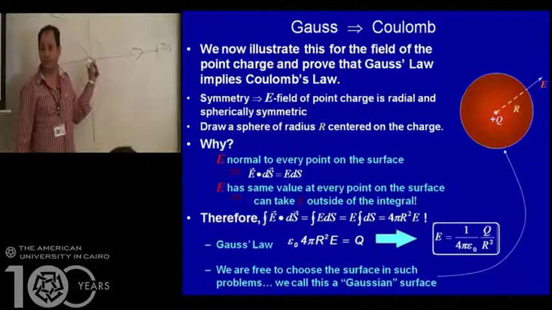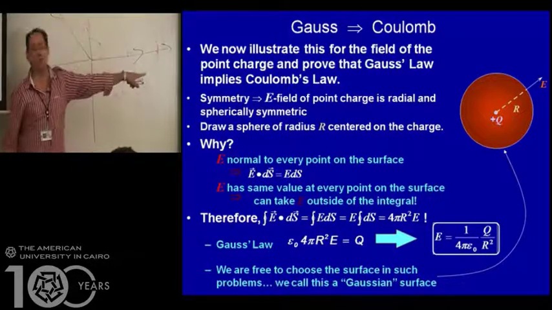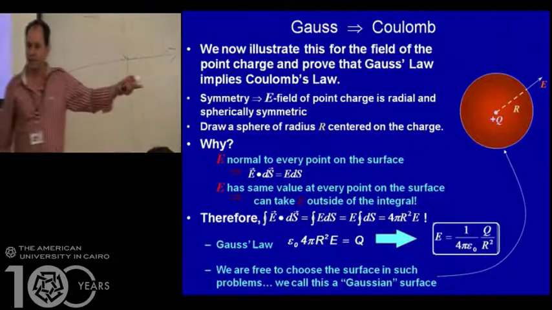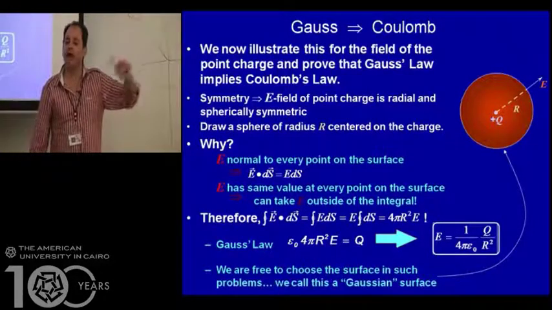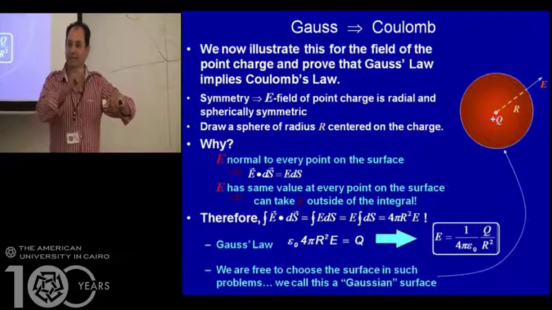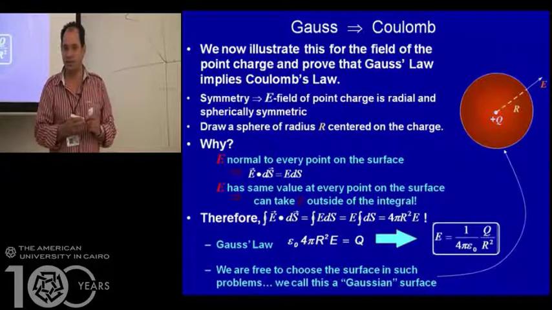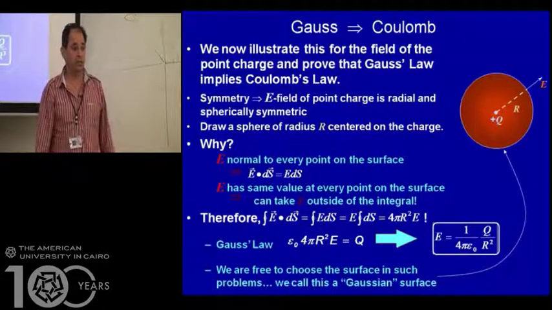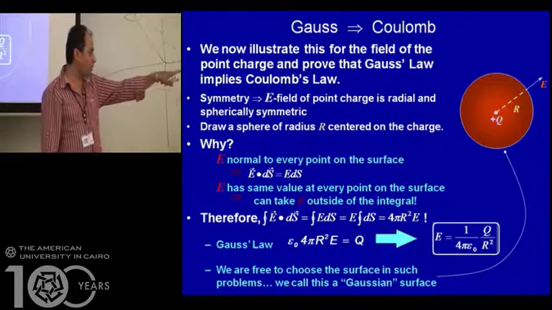But this is not a point charge. We have proven now that if you are trying to find the electric field outside the sphere, it will look as if it is all concentrated inside the sphere. So we can use this formula. Yes, and we don't need to prove it again.